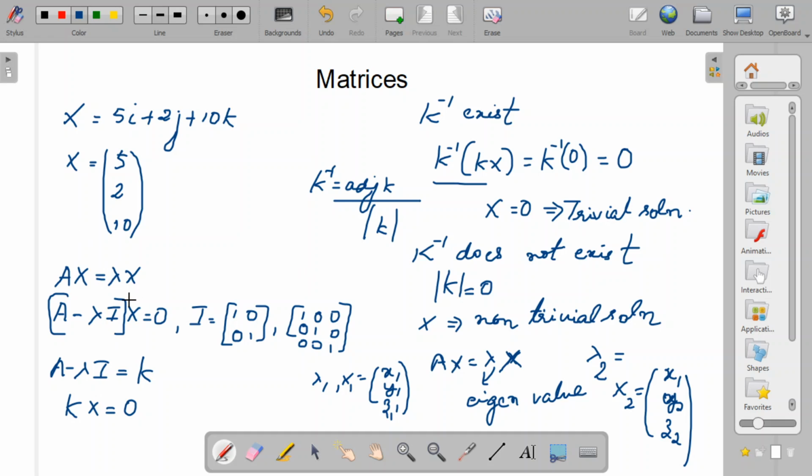I hope you understood. One of our major tasks when we do matrices is this: we will be given a matrix A, and our task will be to find the eigenvalues corresponding to this matrix A, or to find the eigenvectors corresponding to the matrix A. This is one of the important problems addressed in matrices, and one of the important themes we are going to discuss.